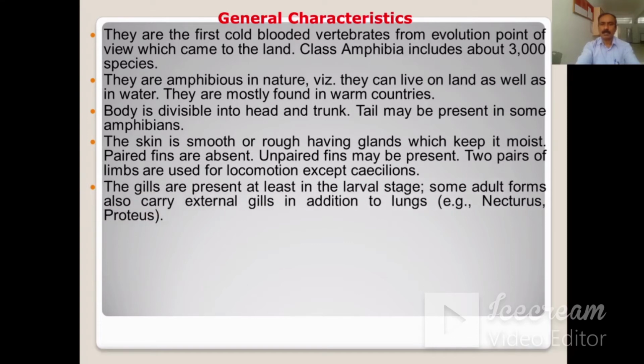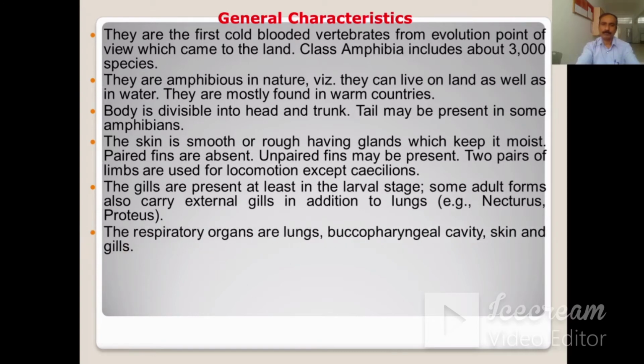The gills are present at least in the larval stage. Some adult forms also carry external gills in addition to the lungs, for example, Necturus and Proteus. The respiratory organs are the lungs, buccopharyngeal cavity, skin, and gills.